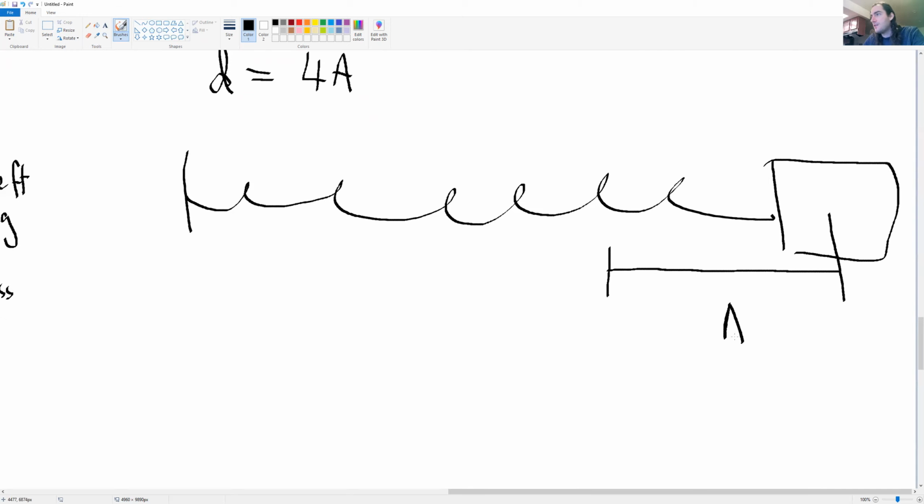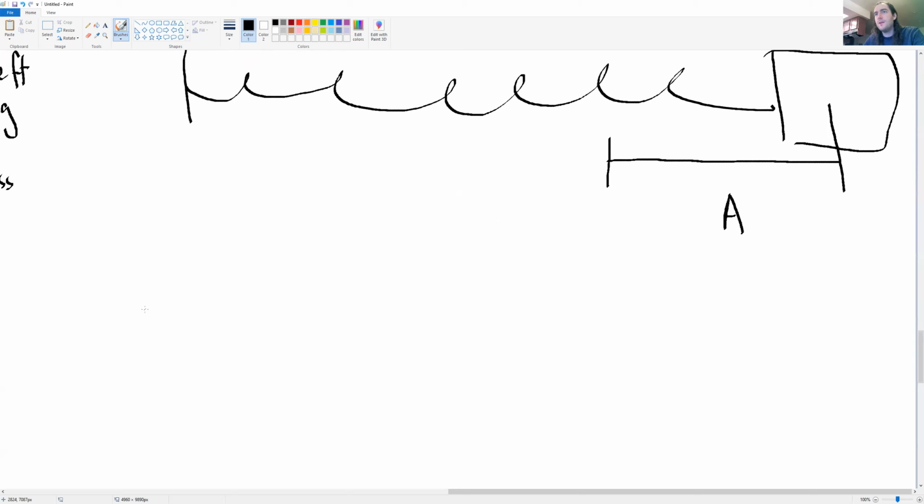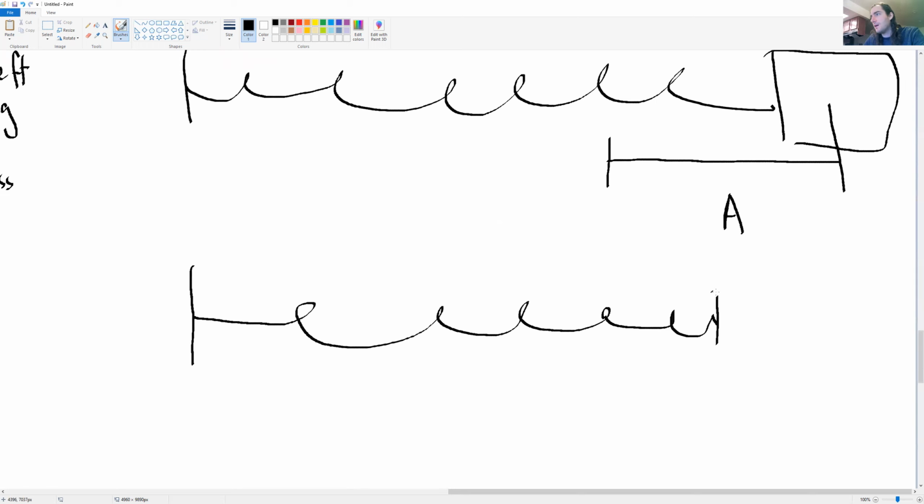If I stretched it that much, the period would be the same as if I stretched it only this much. So I've doubled the stretching. This is only 1/2 A. I've doubled the stretching, but the period is the same.